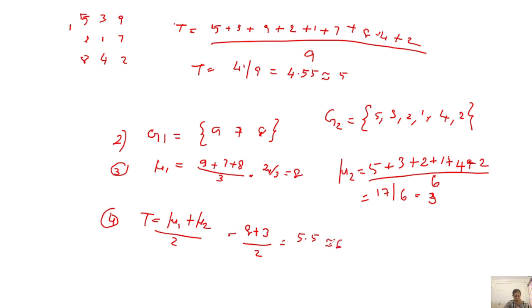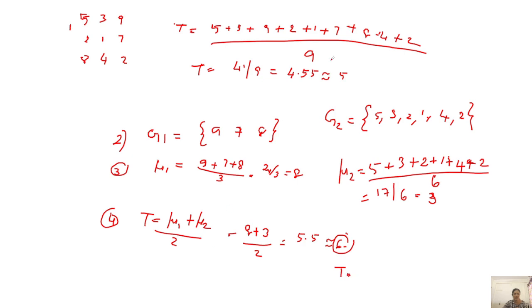So now what is the next step? I have to repeat step 2 and then check the difference in the threshold. The first threshold is 5 and the next threshold is 6.